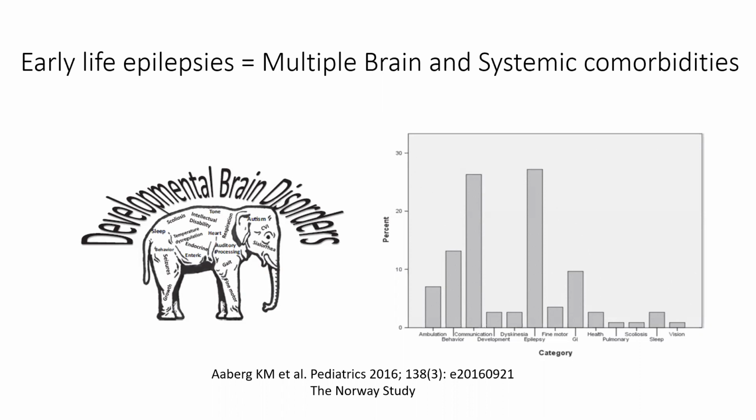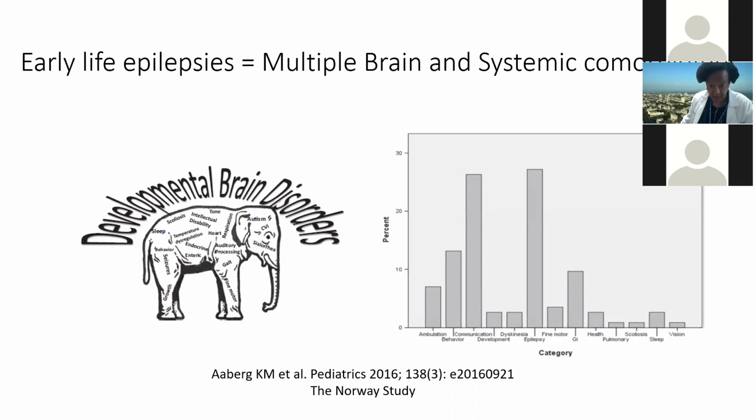So here in this bar graph is a representation again of what these patients have, right? Here we have epilepsy, but as big as epilepsy are the communication problems, okay? And look at the behavioral problems, as bad as the gastrointestinal problems or the lack of motility.